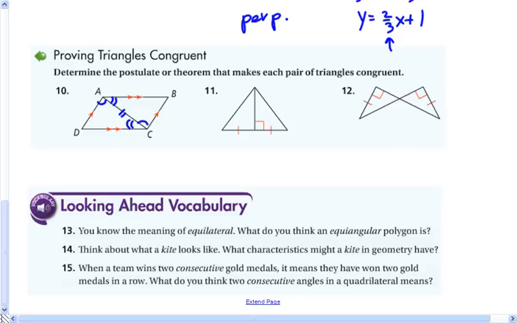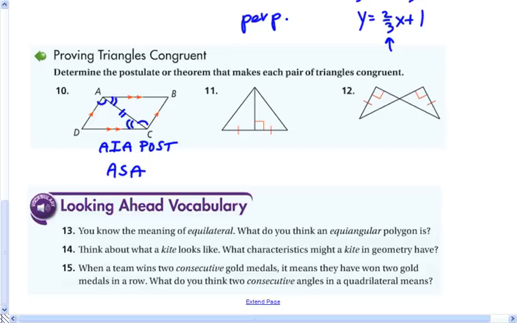So using the alternate interior angle postulate, or maybe it's a theorem, I don't remember, and also the reflexive property, we have by angle side angle that the two triangles are congruent.